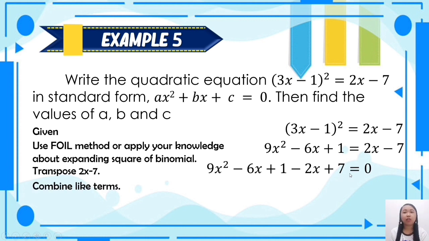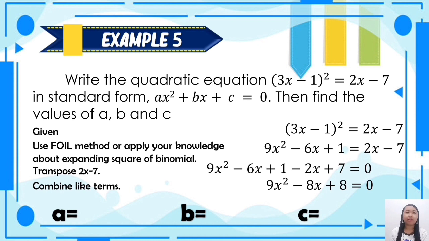And then, we need to combine like terms. In this case, negative 6x and minus 2x are similar terms. Aside from that, we also have positive 1 and positive 7. So, the result will be 9x squared minus 8x plus 8 equals 0.